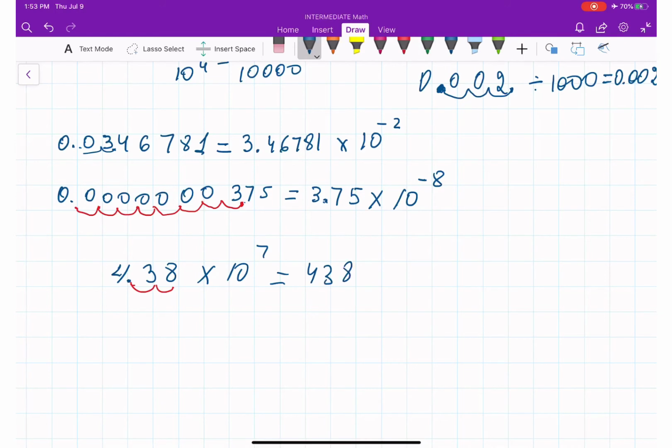So I moved 2 positions, right? Another 5 I need to add. 1, 2, 3, 4, 5. So look what we had. We had it here, right? 1, 2, 3, 4, 5, 6, 7. And I got practically 43,800,000.